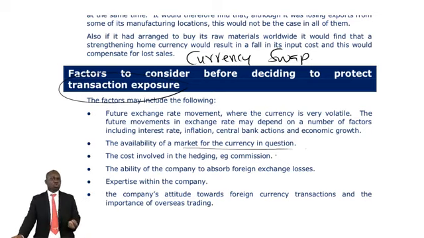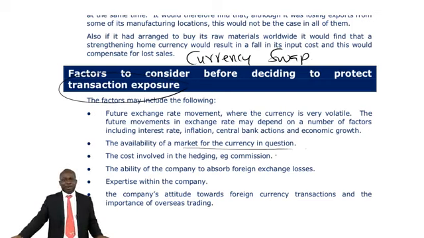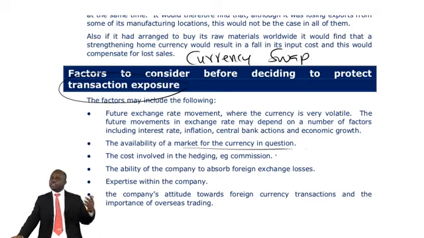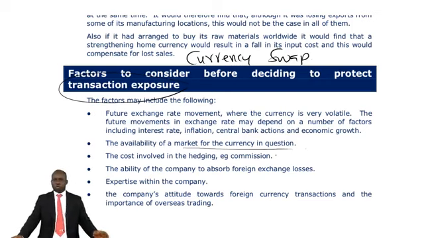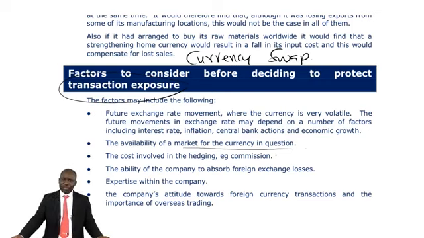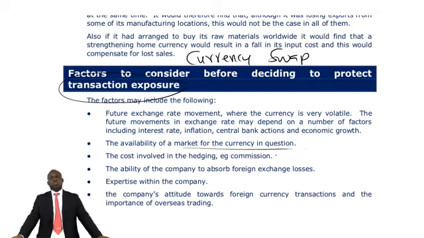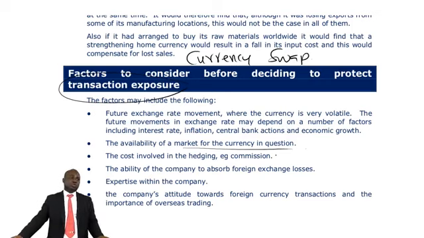So also look at the magnitude of the amount involved, because if the amount is big, the exchange losses are also going to be big, and they will affect your company's market value through the cash flows.